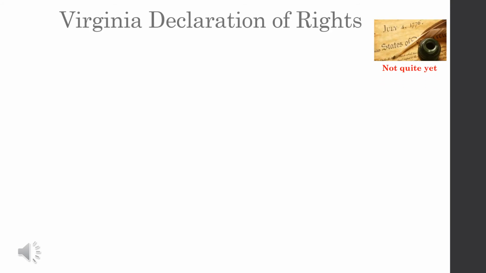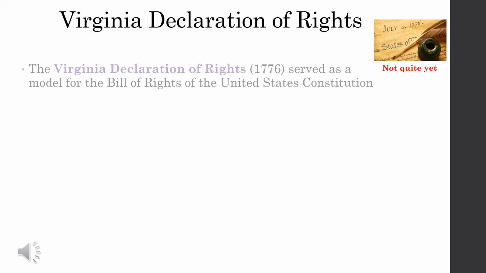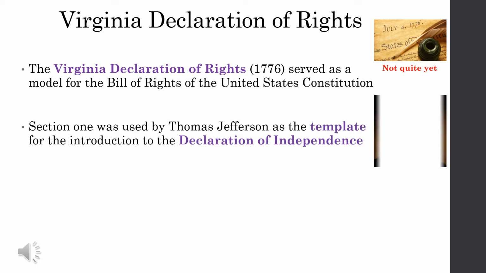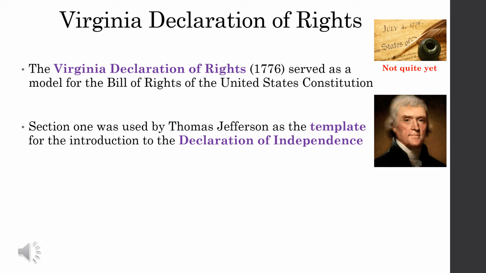So now it's time to talk about the Declaration of Independence, right? Not quite yet. You see, Virginia still has an important role to play in influencing modern American government. The Virginia Declaration of Rights, signed in 1776, served as a model for the Bill of Rights of the United States Constitution. How important is this document? Section 1 was used by Thomas Jefferson as the template or roadmap for the introduction to the Declaration of Independence.